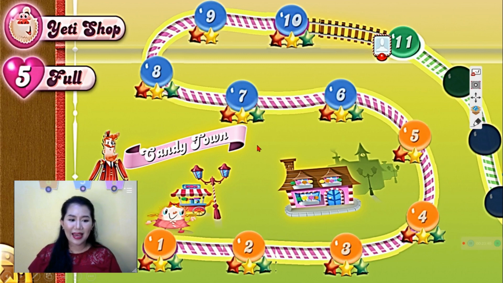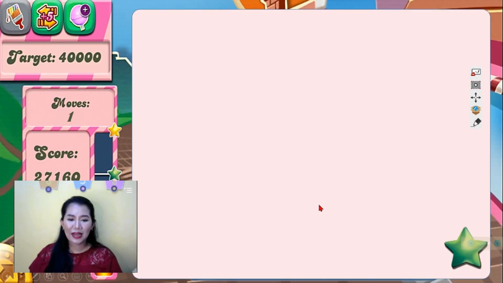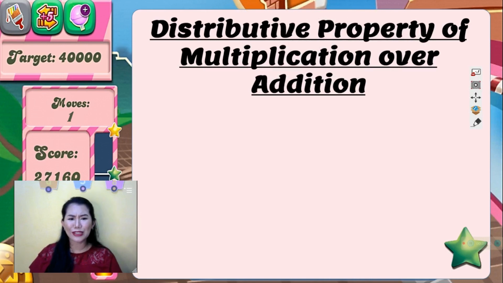Okay, next, let us proceed to level 8. For level 8, we have distributive property of multiplication over addition. Paano to? Ang haba. Okay. So, distribute, from the word distribute, ibig sabihin ipapamahagi mo siya kay Juan at saka kay Pedro.